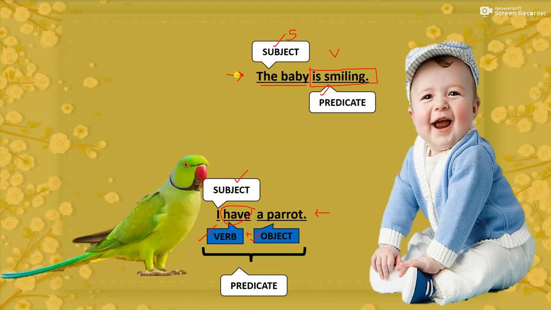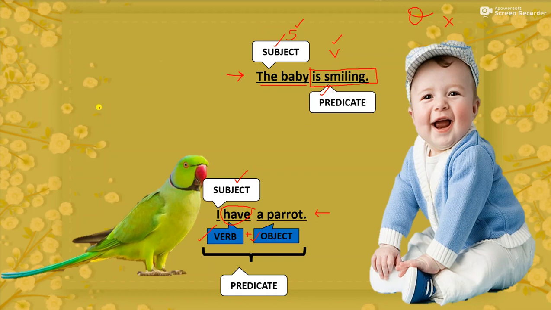Still, when we read this sentence, we do not find an object here, but the sentence is a complete sentence. We can understand the complete meaning of this sentence. So since we can understand the meaning of the sentence only with the subject and the verb in place, we do not require an object here, and so the verb itself becomes the predicate in this sentence.